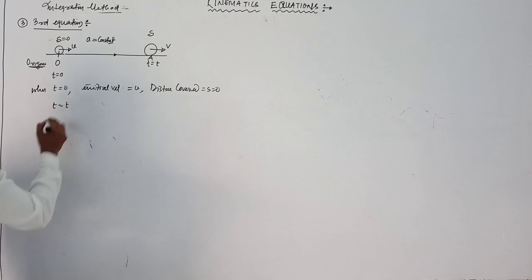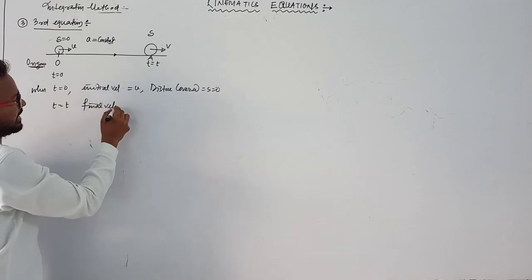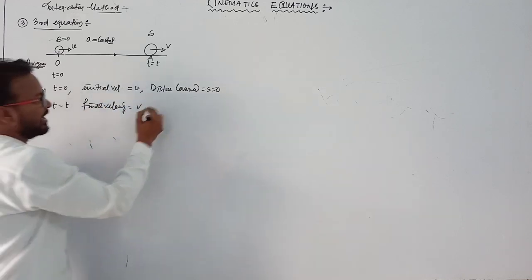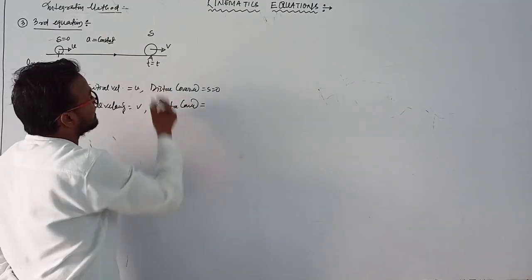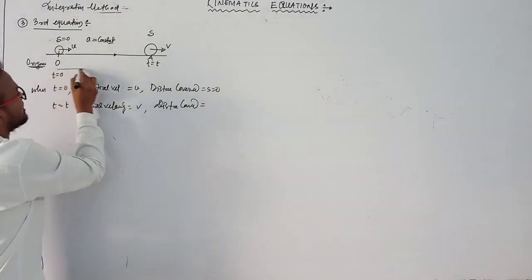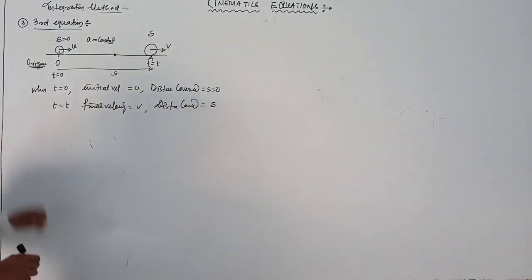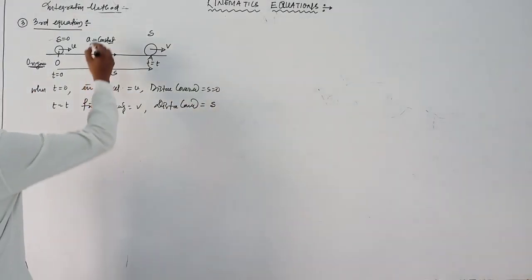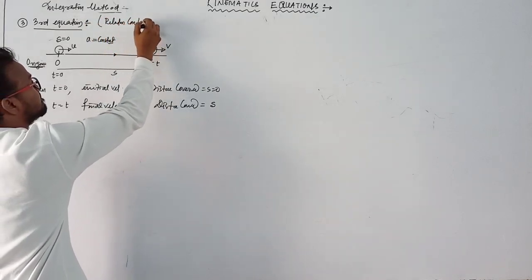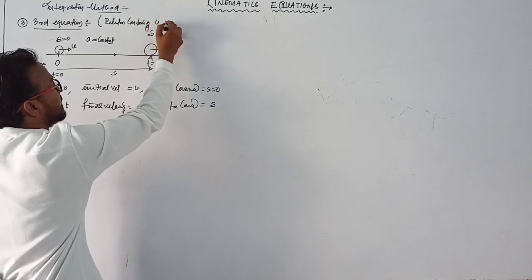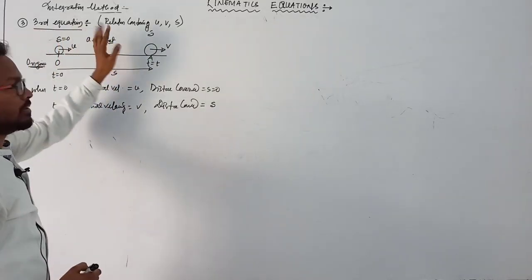When time equals t, its final velocity is v, and the distance covered by the body after time t is s, which means it covers this distance s after time t. But we have to find a relation containing initial velocity u, final velocity v and distance s. That equation is known as the third equation of kinematics.